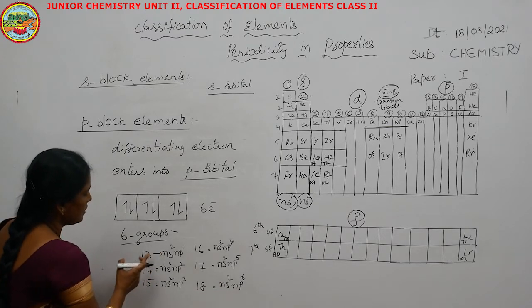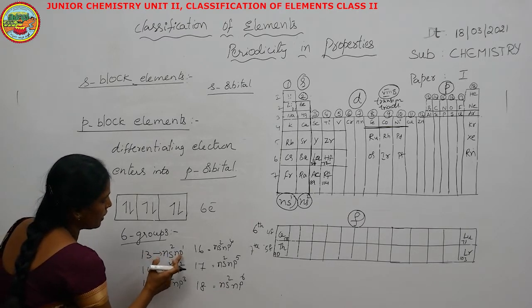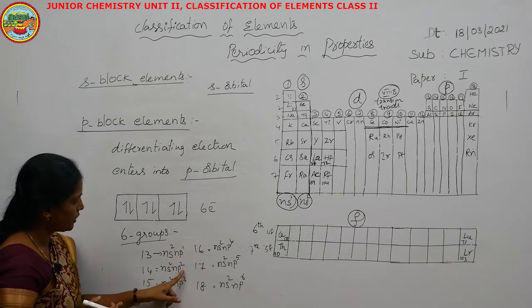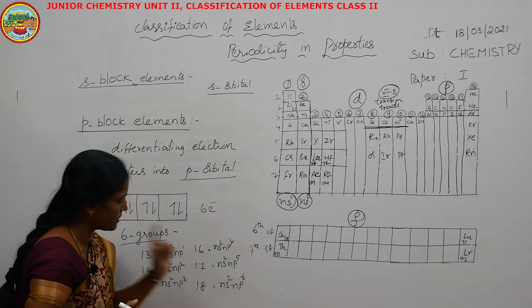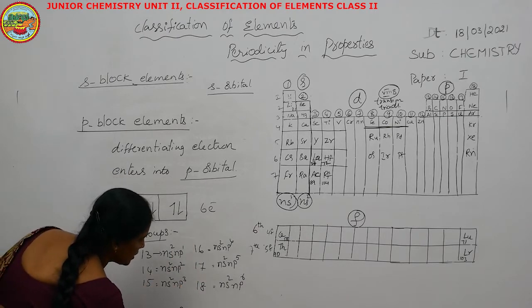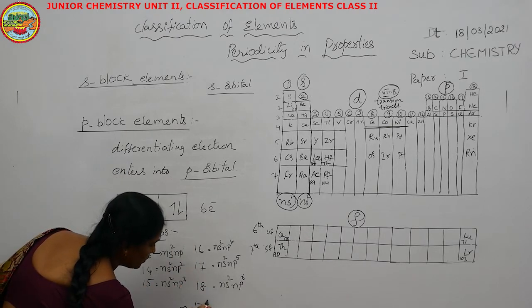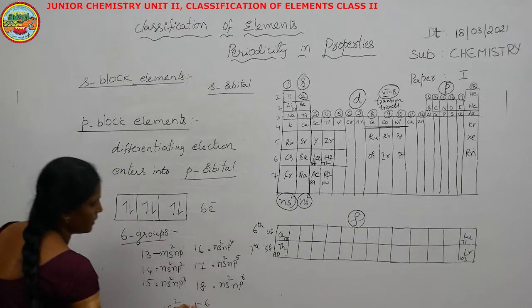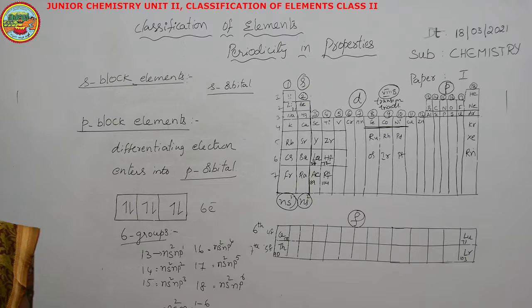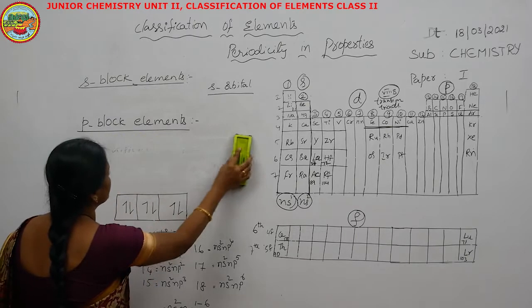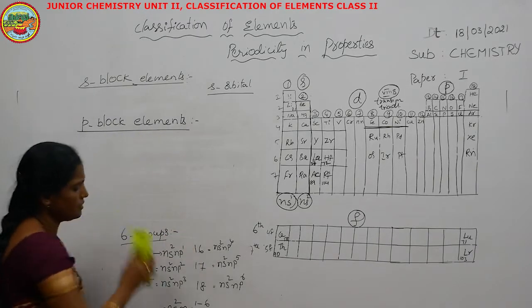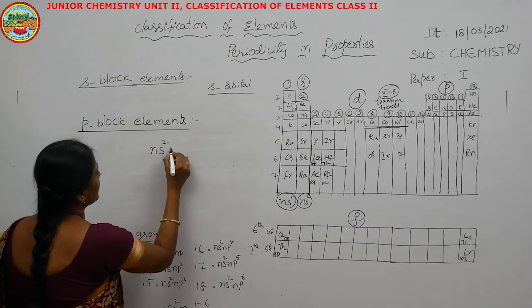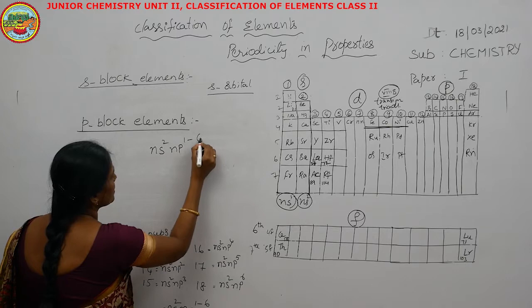That means in the 13th group, the p orbital starts with 1. See, p1, p2, p3, p4, p5, p6. That means np 1 to 6. What about ns? ns is completely filled. So for the p block elements, the general configuration is ns2 np 1 to 6.